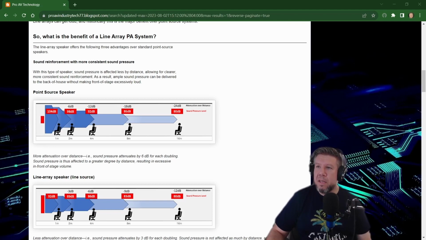As you can see, the sound pressure here is measured in decibels, and this diagram describes the attenuation over distance, which means the person in front gets the full volume of that speaker, and the person behind will start losing maybe 6 decibels, 12 decibels, 18 decibels, and so on, and 24 decibels at 18 meters.